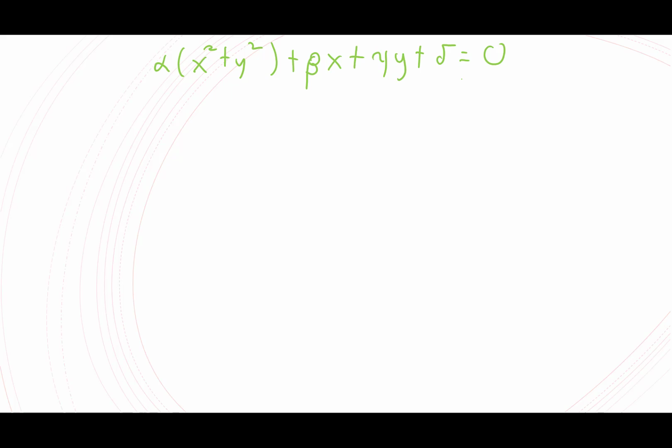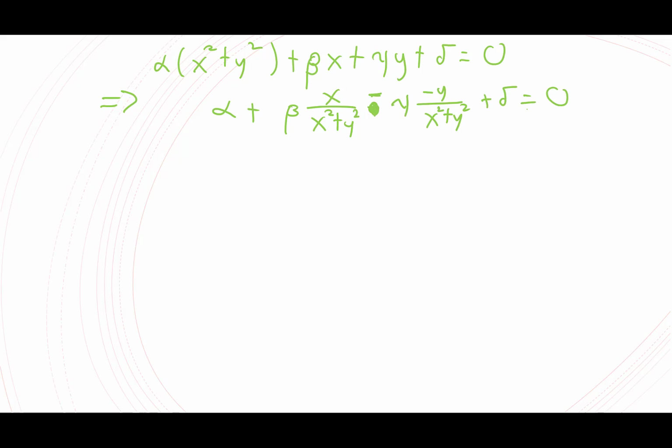Well, if we do some algebra, let's divide both sides by x squared plus y squared. So we'll get alpha plus beta x over x squared plus y squared. And then we're going to be a little bit tricky: we're going to write gamma y as minus gamma times minus y over x squared plus y squared, plus delta equals 0.